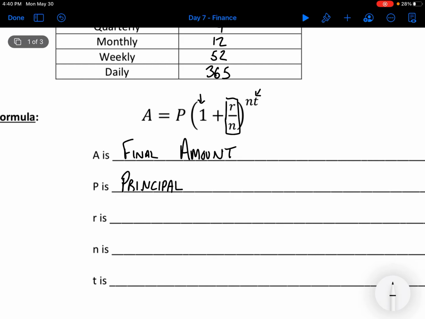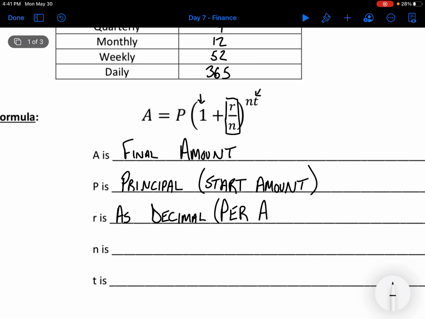It's the starting amount. R is the rate, so that's the rate as a decimal, and it's per year. We address the compounds after. Per year or per annum, you'll often see in the questions.